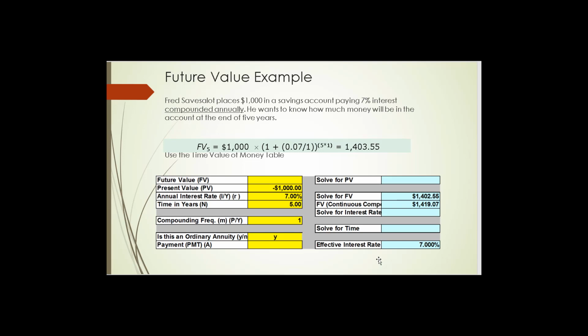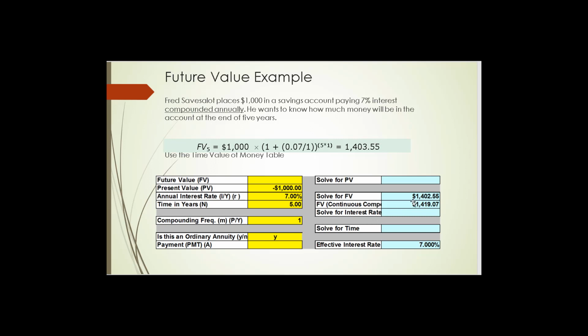So let's look at an example of future value. Fred saves a lot, places $1,000 in a savings account that pays 7% interest compounded annually. He wants to know how much money will be in that account at the end of 5 years. We can use the time value of money table or worksheet, this worksheet here. You could also use the formula we talked about earlier. You input negative $1,000 for present value, 7% interest, time in years is 5, compounding frequency is 1.